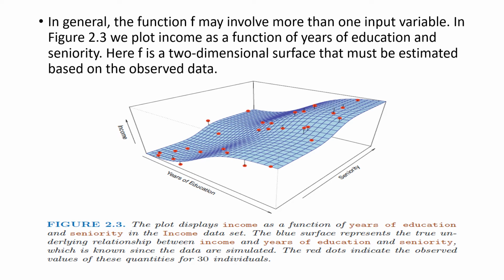The plot displays income as a function of years of education and seniority in the Income data set. The blue surface represents the true underlying relationship between income and years of education and seniority, which is known since the data are simulated. The red dots indicate the observed values of these quantities for 30 individuals.